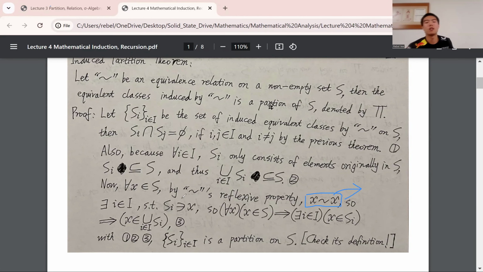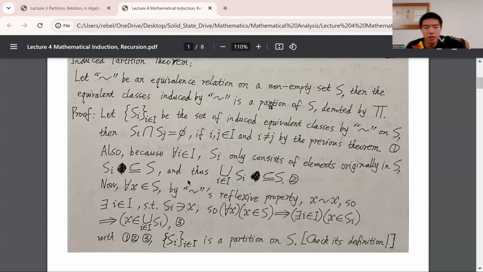So for every x in the set S, there must exist some i in the index set I such that x is in Si, which means x is in the union of the Si. So by 2 and 3, we proved the equality of the original set with the union of the equivalence classes, which means it is a partition.